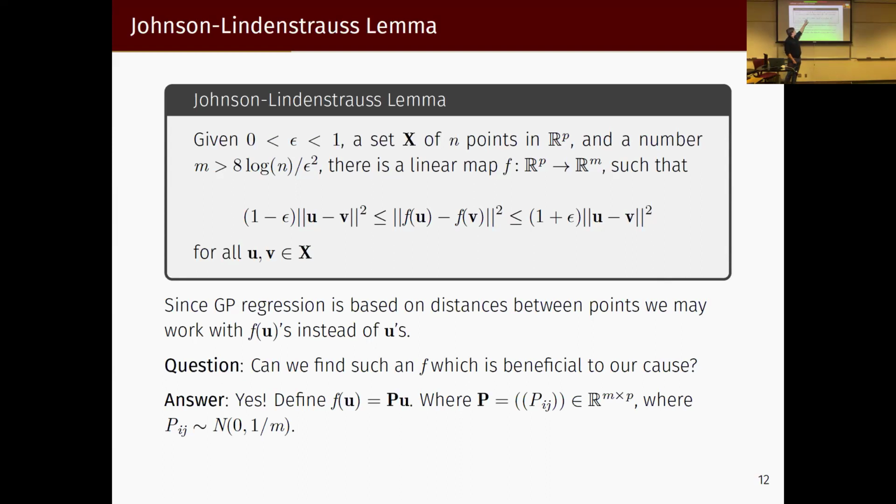The distance between U and V, where U and V are 2 points in X, is the same as the distance between F of U and F of V. So we have a function that takes us from large P down to small M, but maintains the distance between points. And the distance between points is all that we care about for Gaussian process regression, right? All the action for Gaussian process regression is in the covariance, which is all about the distance between points.